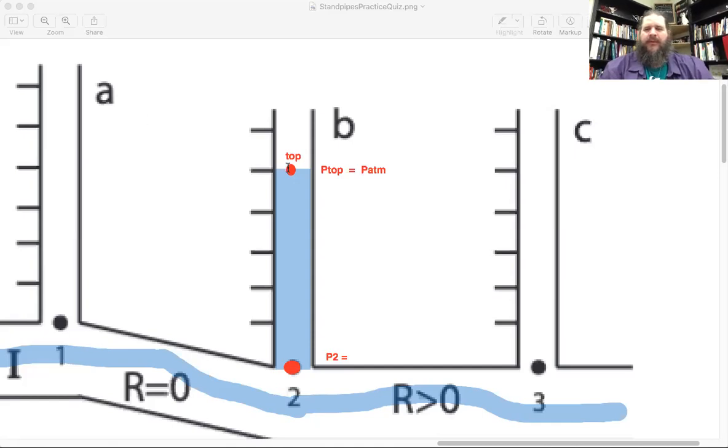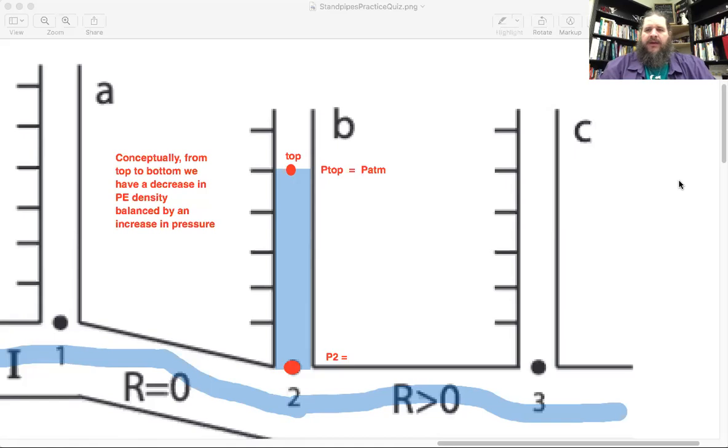Yeah, as you go from top to bottom, you're moving downwards. Your height is decreasing, so you're losing potential energy density. What else is presumably happening to balance that decrease? Presumably this is balanced by an increase in pressure.